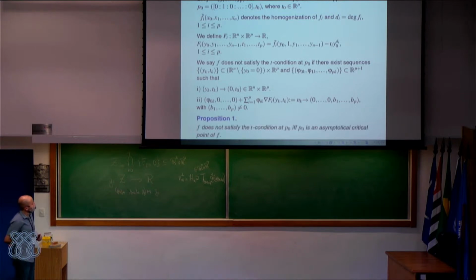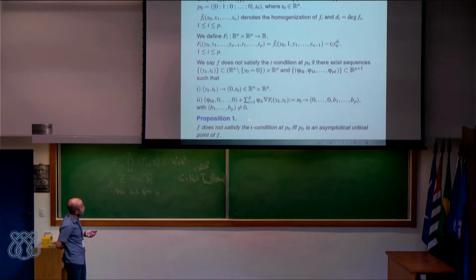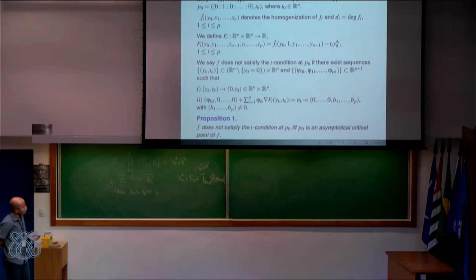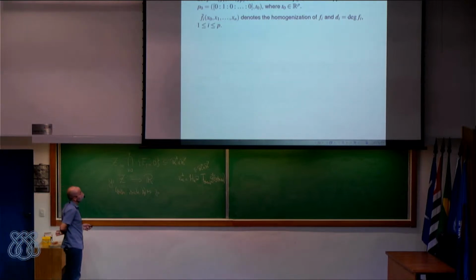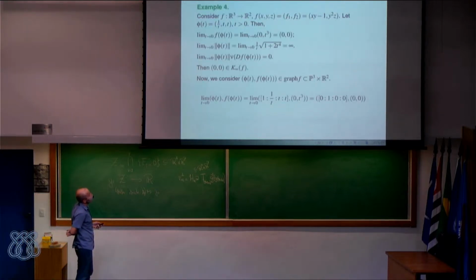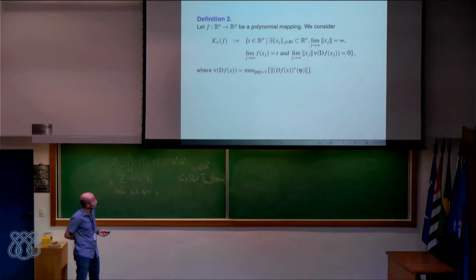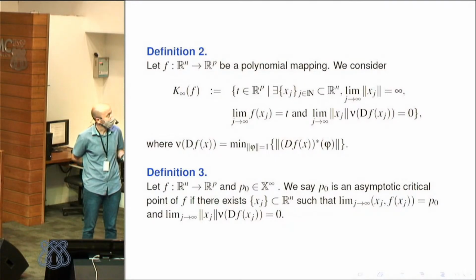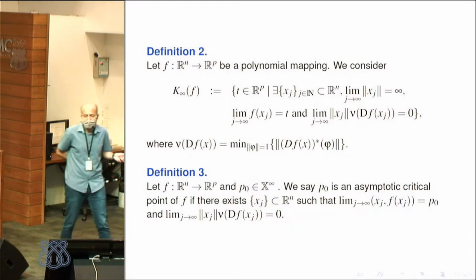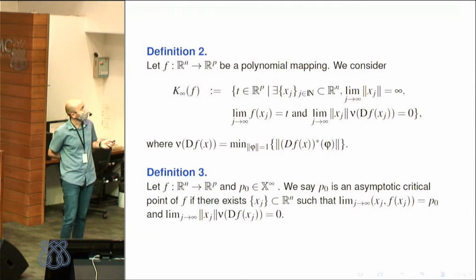So the main point here is that f does not satisfy the t condition, like that, if and only if P0 is an asymptotical critical point of F. Remember, we use the set K infinity of F to define the asymptotical critical point. So you have a geometric interpretation of K infinity of F.